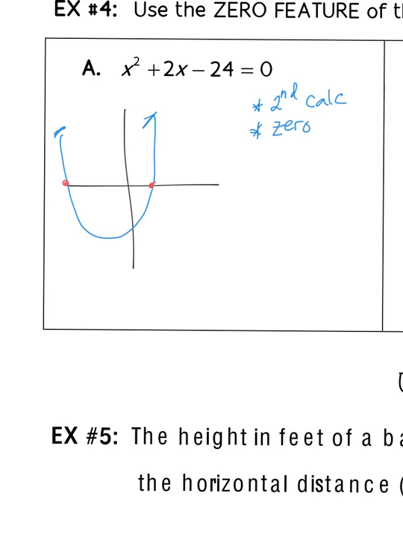Well, you need to move your cursor, so you need to move your cursor so it's over here. We need to the left of this 0. So use your toggle button, which is that big gray button in the upper right part of your calculator.